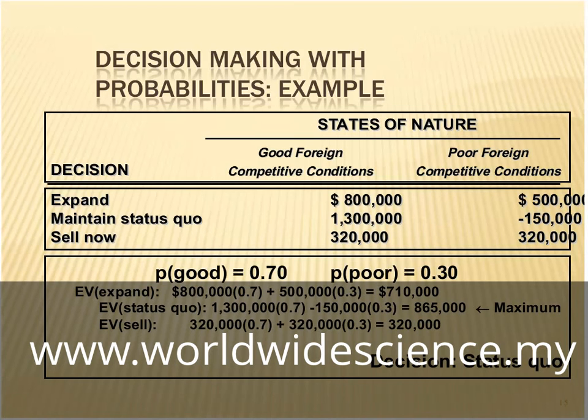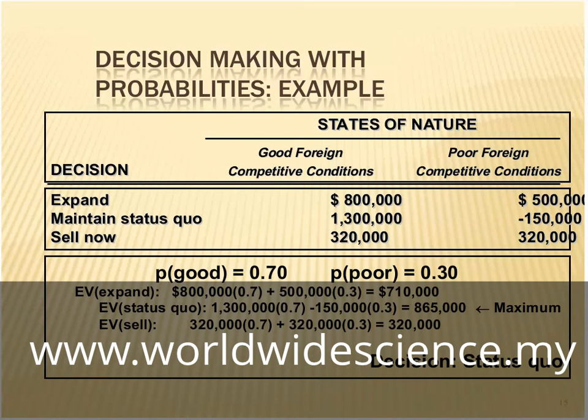For example, the probability that good and competitive conditions occur is 70%, or 0.7, and the probability of poor and competitive conditions occurring for us is only 30%, or 0.3. Then he or she used the expected value formula to calculate the expected value for each decision.